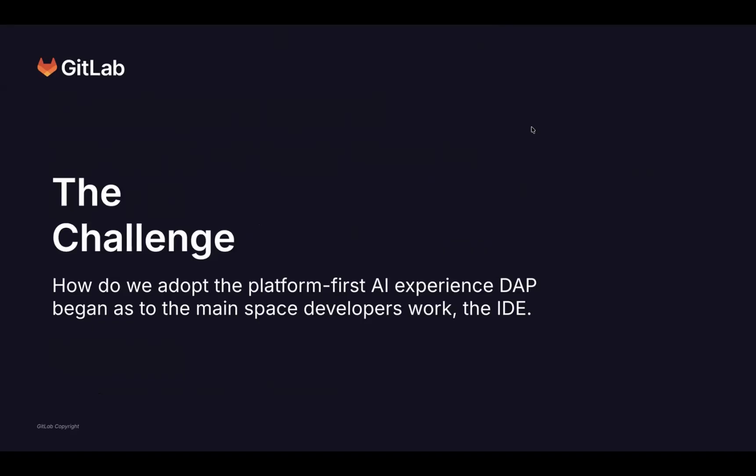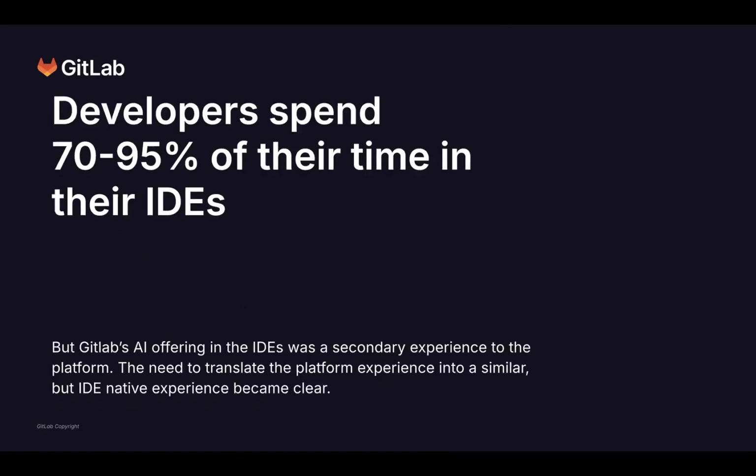So the challenge was how we adopt this design, which was designed for the platform first as an AI experience throughout GitLab.com, into the IDE, and still retain enough parity that users won't be confused, because it is going to be retaining the actions a user takes across our platform and reflecting a lot of the same interactivity, but adapt that for a space that is not entirely ours in an IDE, and surface this panel as an extension.